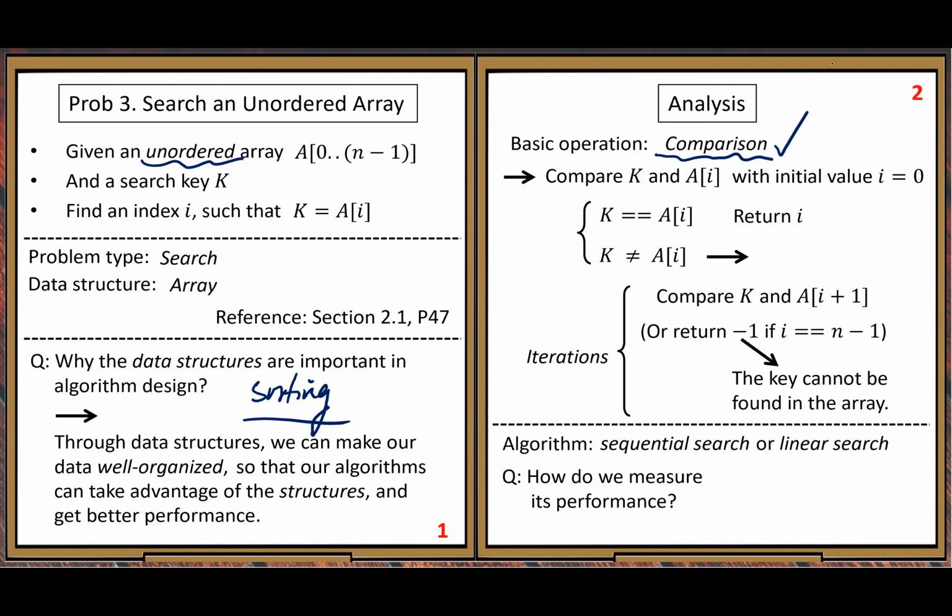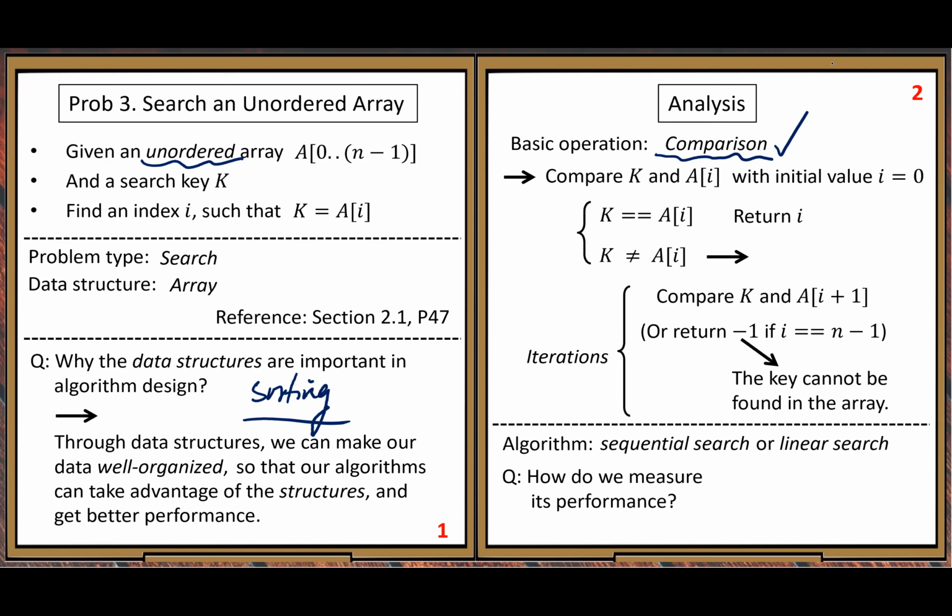So how do we measure its performance? Naturally, you can see we use the number of comparisons. How many comparisons do we need to find the given key? That's the measure, number of comparisons.